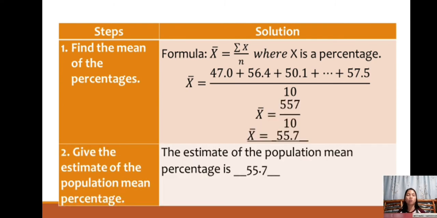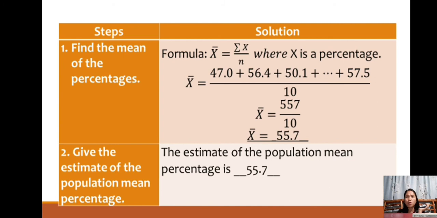Okay, so I have here the solution. 47 plus 56.4 plus 50.1 plus 60.2 plus 48 plus 55.3 plus 60 until 57.5, using your calculator, or you can use Excel. It's up to you which method you will use in order to get the sum or the mean of the given data.